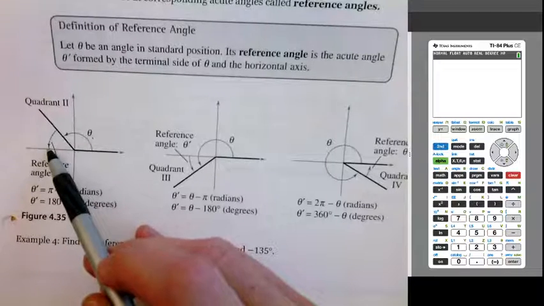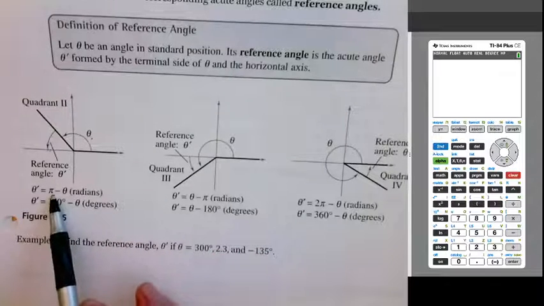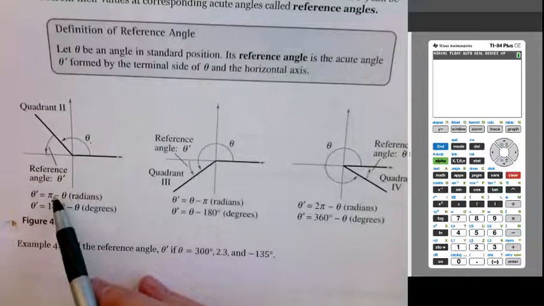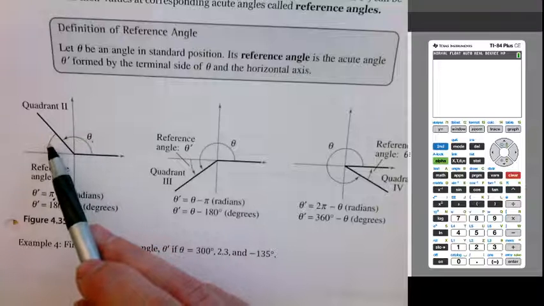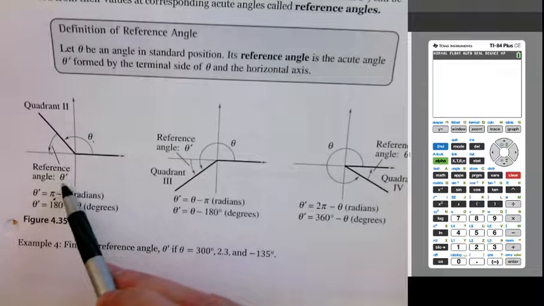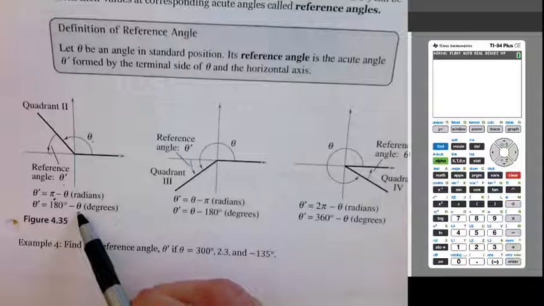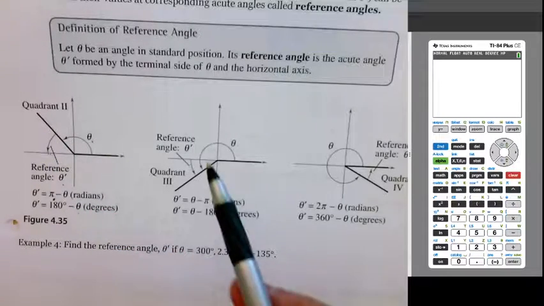So to find this angle, if you're in quadrant 2, if you're working in radians, you take pi because that's halfway around, take away this angle theta, and you'll get this angle theta prime. That's how you read this, theta prime. Or if you're working in degrees, it's 180, because 180 is halfway around. Take away the angle we're given to find this reference angle.